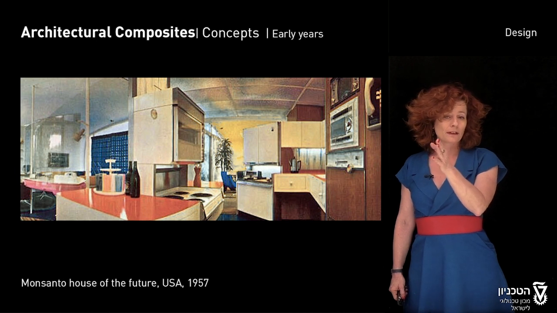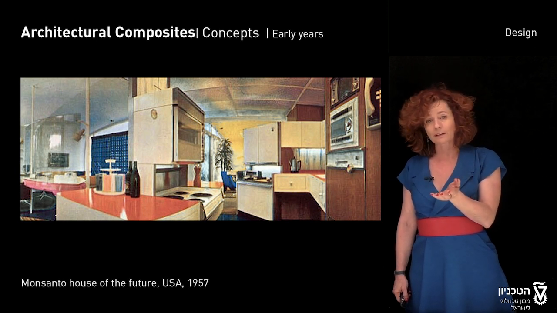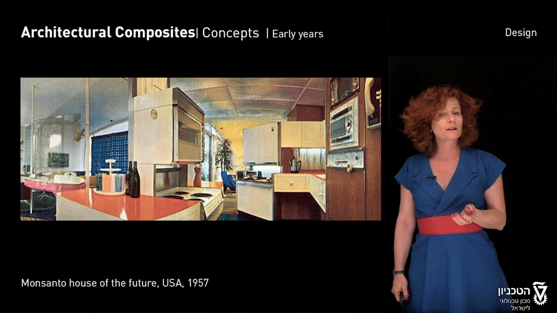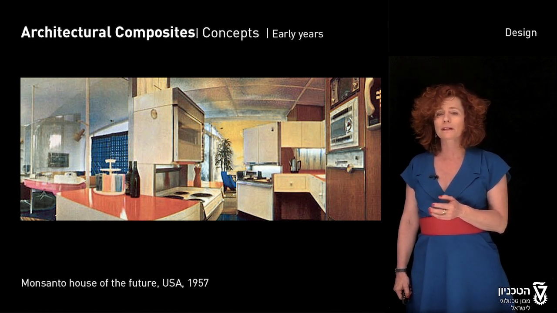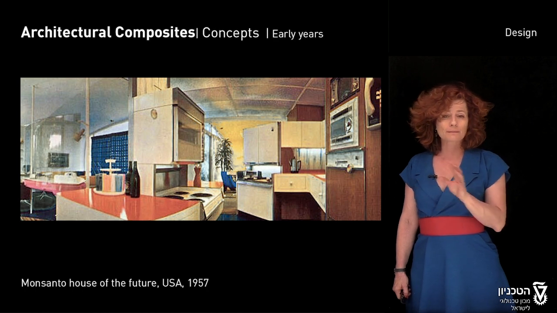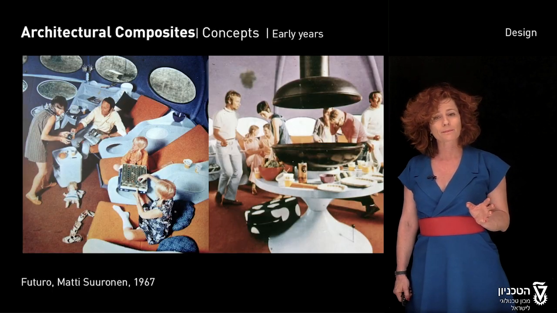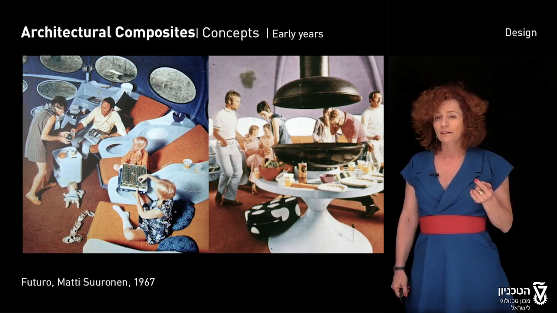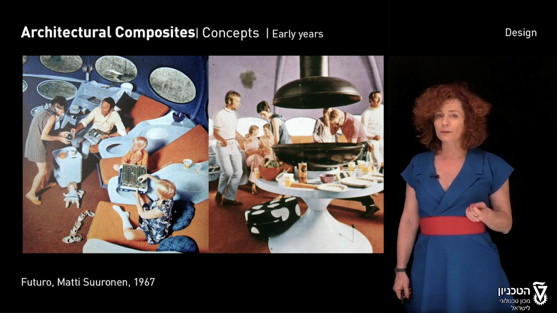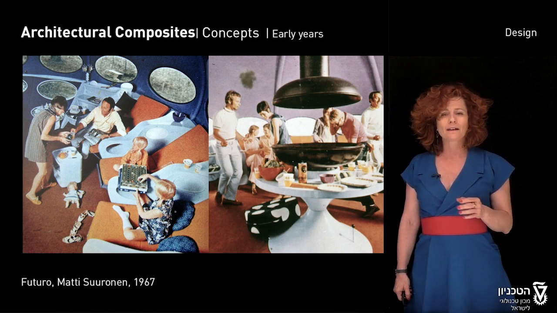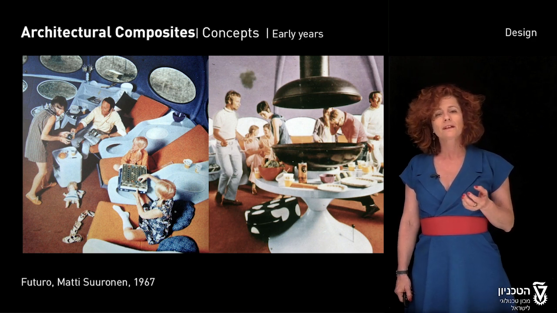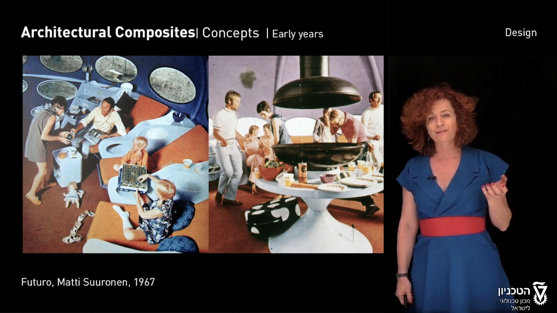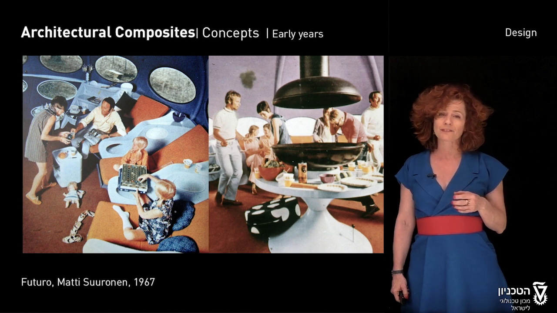So here in the Monsanto and in yet another version of it, but still all plastic language, trying to adopt this material in its various forms in as many items as possible. And another example would be the Futuro. So here again, it is marketed and demonstrated with this playful, futuristic family atmosphere.